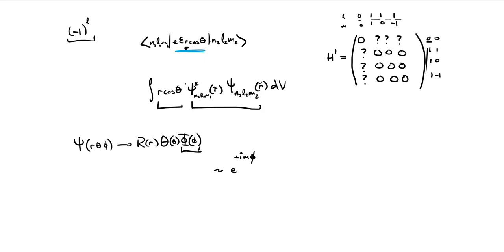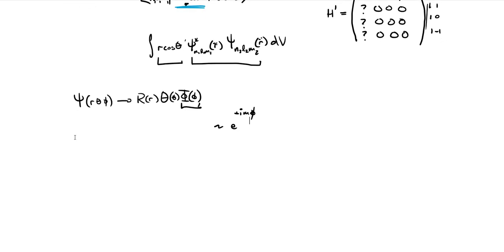And they were orthogonal, right? So the integral here is just going to be over the phi, that azimuthal angle, from 0 to 2 pi of those wave functions, which have e to the negative i m1 phi and e to the i m2 phi, d phi.